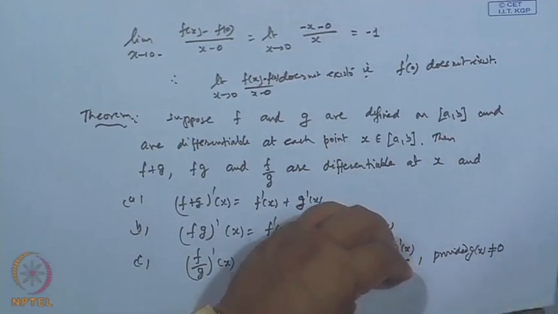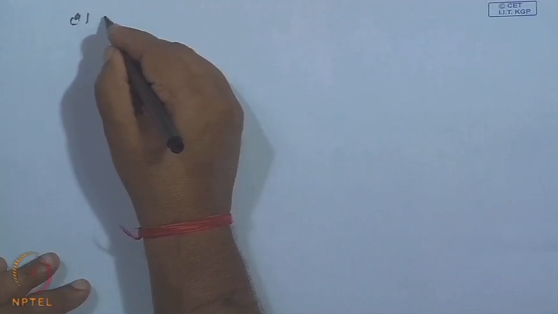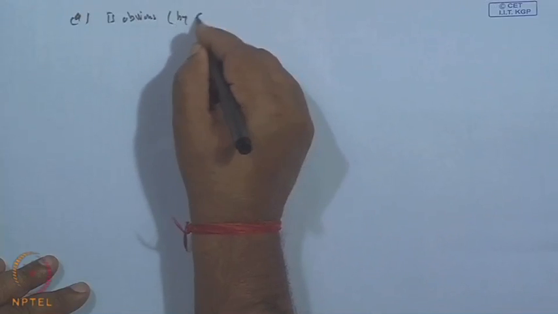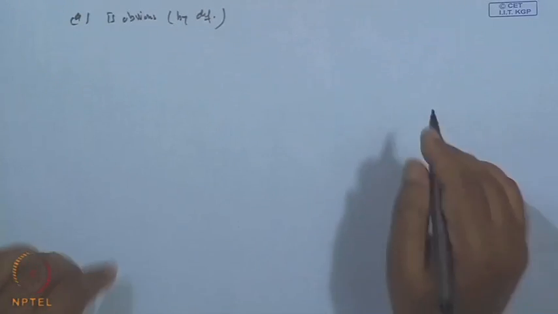Let us see the proof, just one or two of them. Part A is obvious, that follows by definition. We can just use the definition.